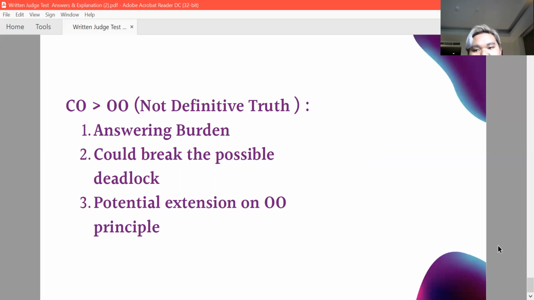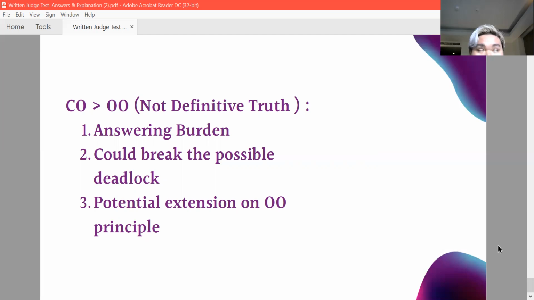And lastly, the reason we put CO over OO is that CO could have a potential extension on OO's principle. If OO focuses on how it's going to be unfair for the victims, the argument from CO that different types of crime need to be recognized means you probably have different victims, and probably their needs are different.